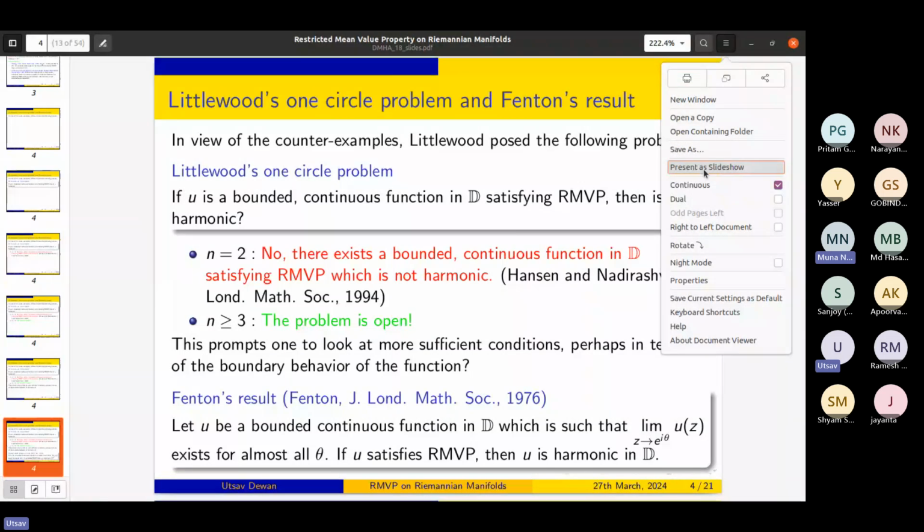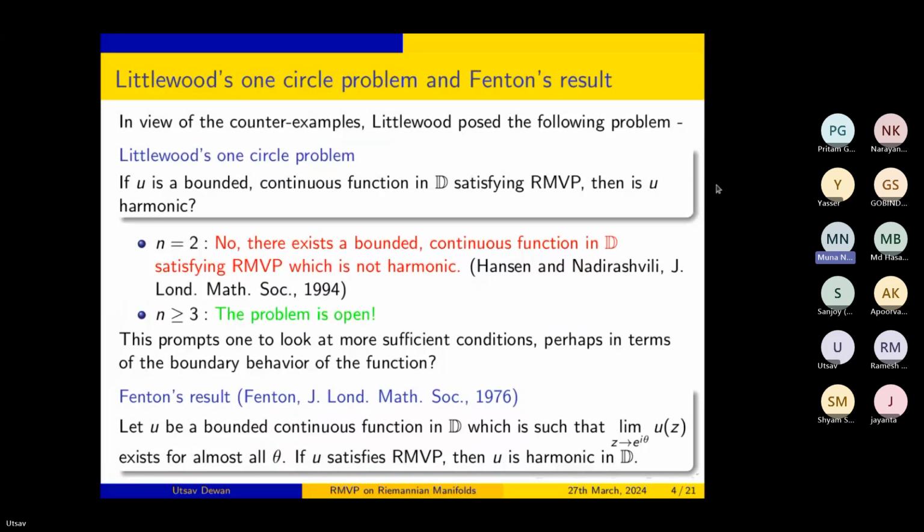Okay, is it fine now? Yeah, we can see the screen. Munada, please go on with your question. What I am saying is that if you take a bounded continuous function in D, that means the radial limit will exist. For a bounded continuous function, I don't know such a result. No, it need not. It would for harmonic functions, right?